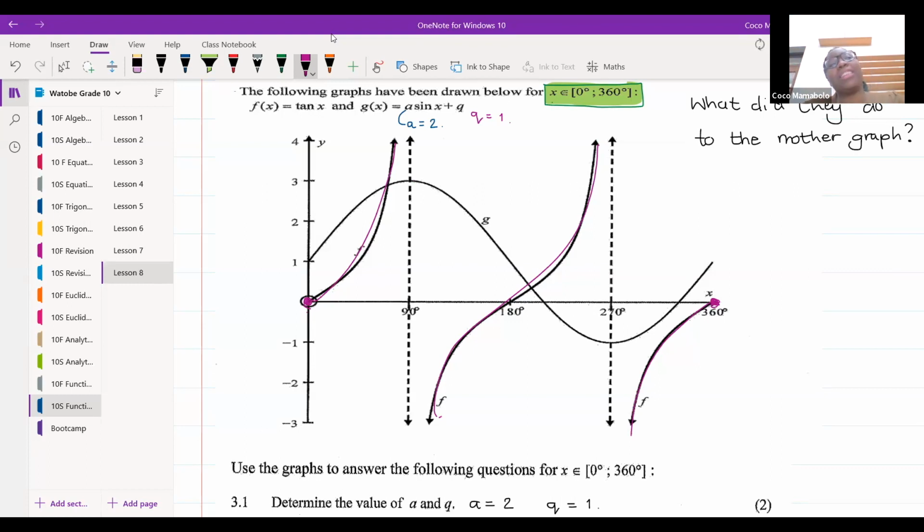So the period of my tan graph is 360, because that's the dimension they've given us. They've told us the graphs have been drawn between 0 and 360. That's why we say 360 instead of 180 in this particular question.